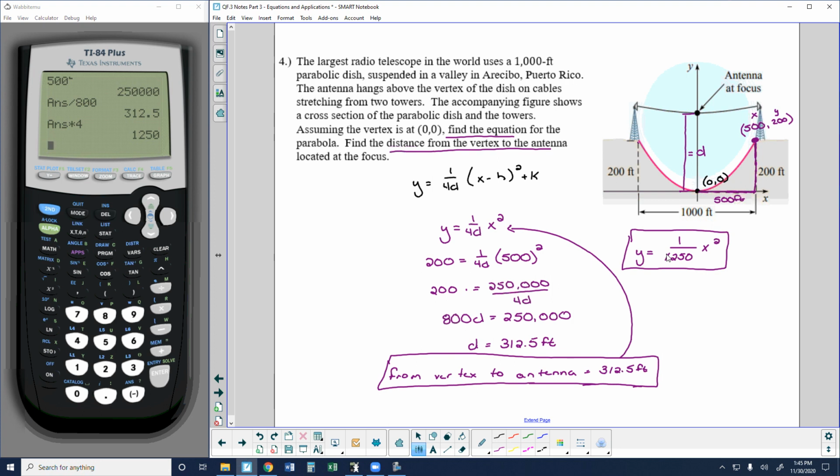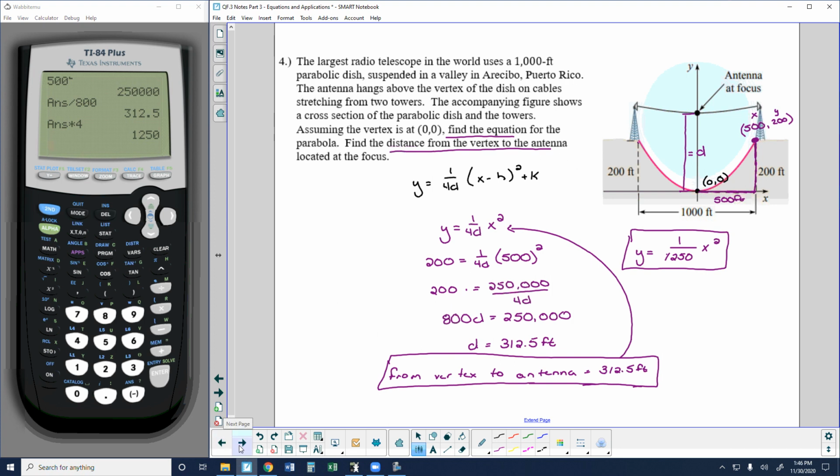Then I can use that distance d to find out where to put the antenna so that all of the sound that comes in will reflect off of this parabolic dish and go directly to that antenna, so it picks up all of the sound from outer space. So this is the same concept as the Newtonian telescope, just using radio waves. And here we use the vertex formula of the analytic parabola to answer both questions.